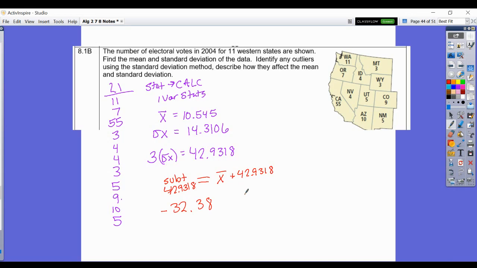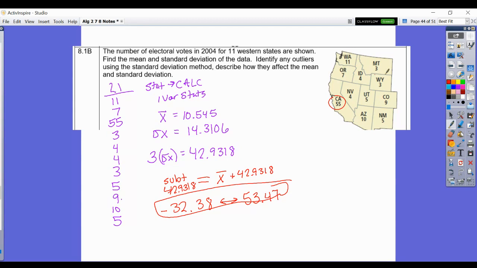And if we add it, we get 53.47. I'm just making sure I have this. All right, and then we just see, do we have anything outside of these? And notice that 55 is just barely outside.